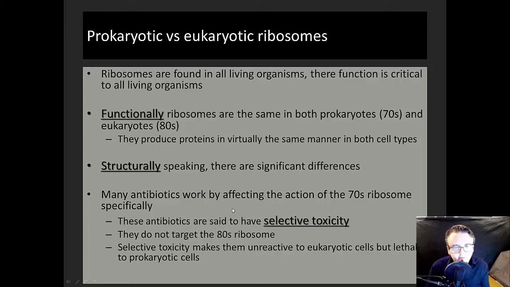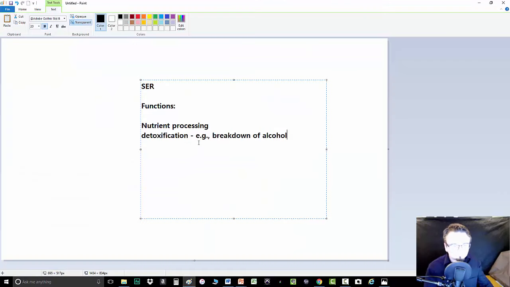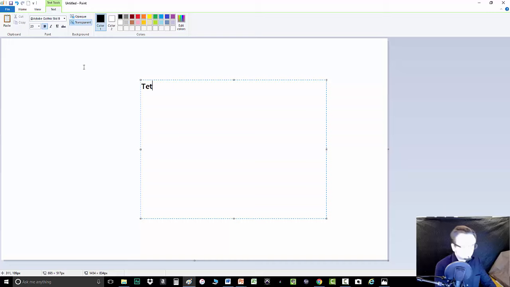Some examples would be drugs like tetracycline. Tetracycline has an active ingredient that targets the bacterial ribosome. There's actually a lot of them. Many antibiotics function in a way kind of like this. If you want to look one up, I'll type that out for you real quick. You don't have to do this, by the way, in case you're interested. Tetracycline is one.